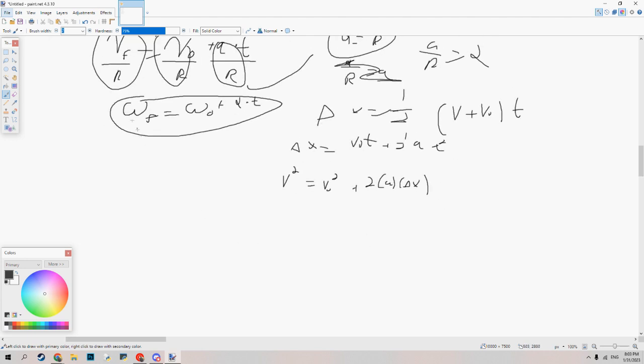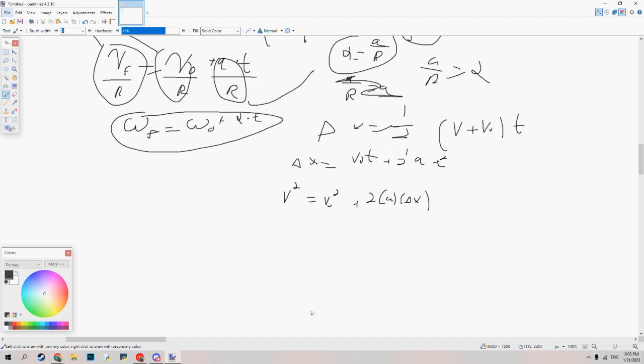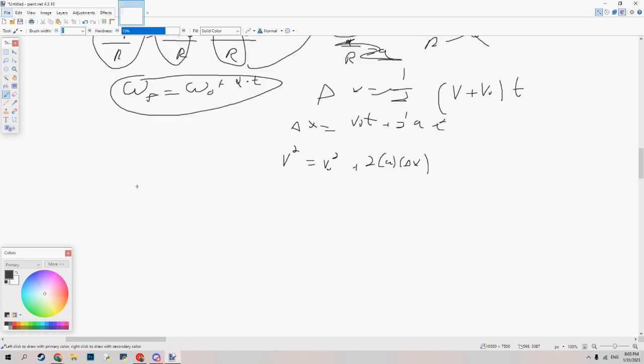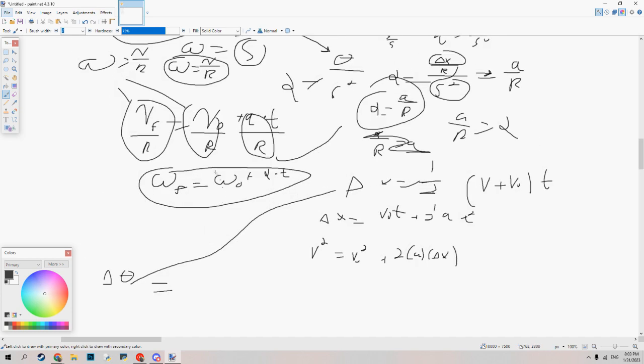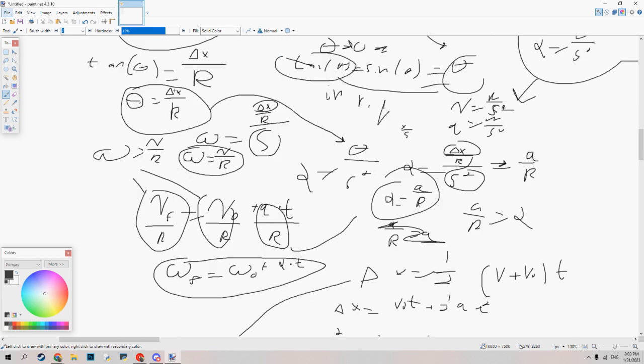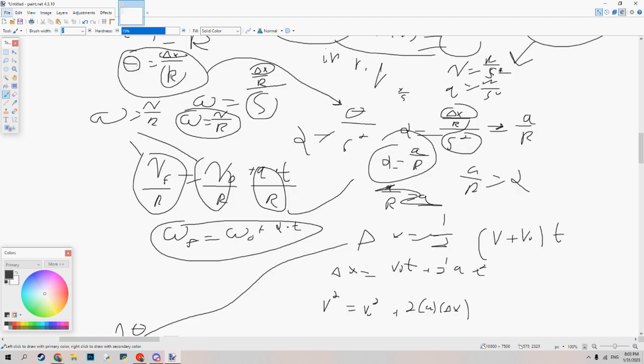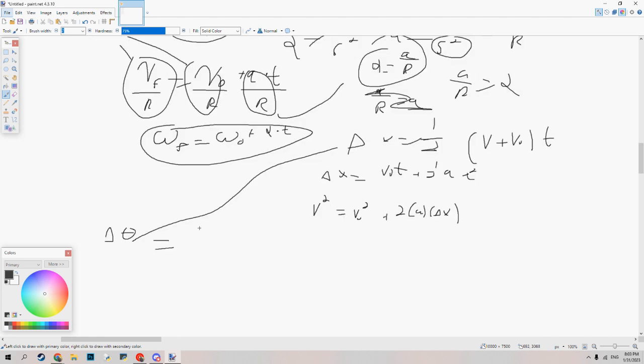Which, if we convert into angular kinematics by simply dividing everything by radius, as we've done before, simply tells us that delta theta equals, because theta, I'll remind you, from way back here is equal to delta x over r. Big R as in radius. Delta theta is equal to 1/2 times, that's an odd looking 1/2. We're all odd looking. Times omega final plus omega initial times time.